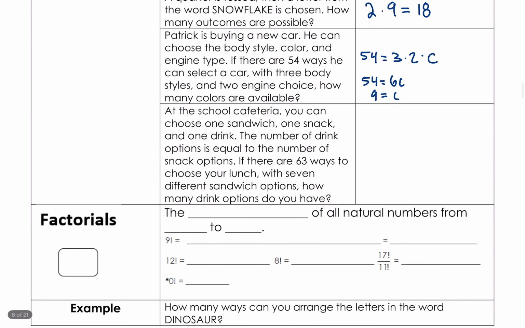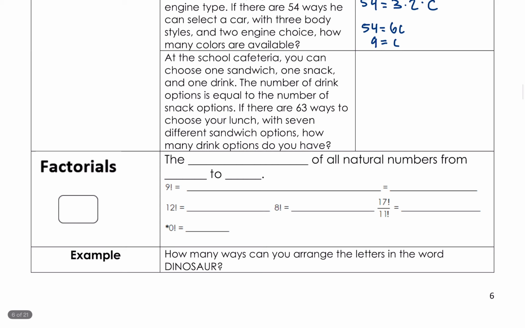I'm going to skip this box and jump to factorials real quick. Okay, so factorial, which looks like an exclamation point, is the product of all natural numbers from highest to lowest.